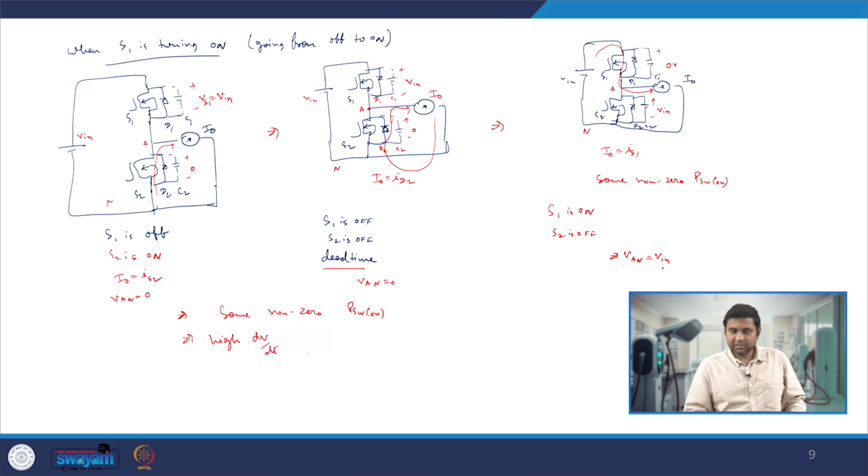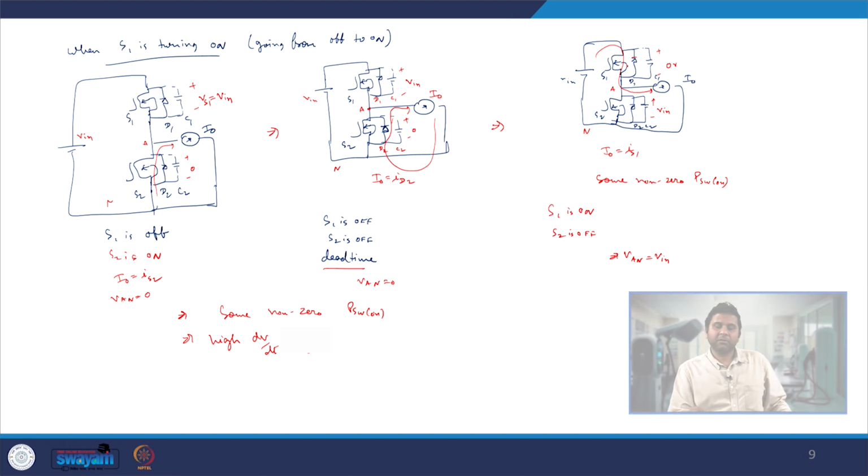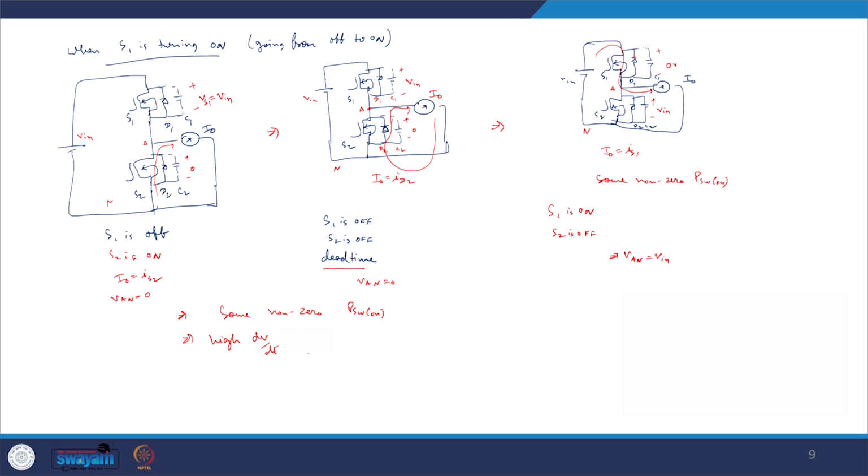The time period of VAN going from 0 to Vin depends only on the gate-to-source circuit, I mean how fast the gate-to-source forms the channel, and the current which was flowing through D2 moves to the channel of S1. So with high dv/dt and some non-zero power loss, this type of switching is called hard switching. So this is hard switching of S1.